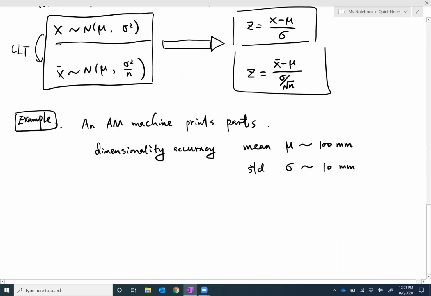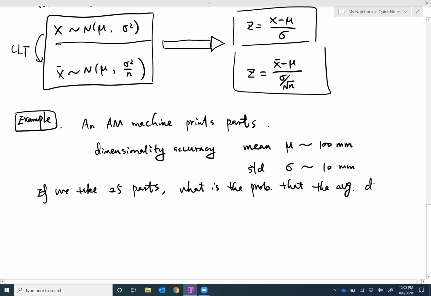Okay. Now, if we take 25 parts, what is the probability that the average dimensionality accuracy will be less than 95 millimeter?